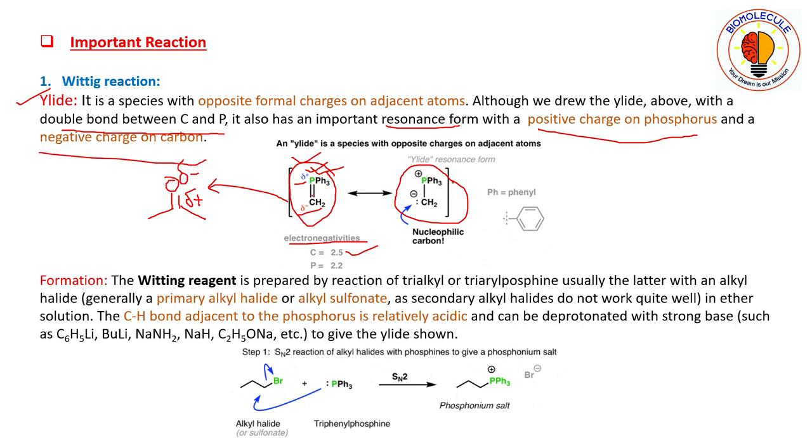Here we are breaking this double bond, and since carbon is more electronegative, we give the bonded pair of electrons to the carbon atom, leaving the phosphorus atom positive. So this is the resonance form of the ylide, and here this carbon atom is nucleophilic in nature.